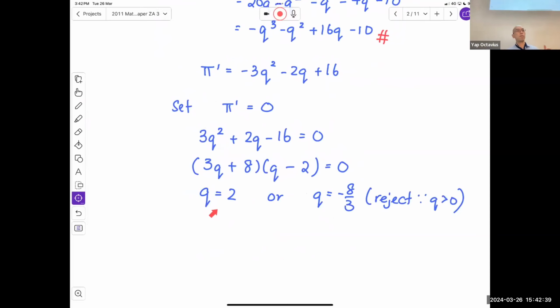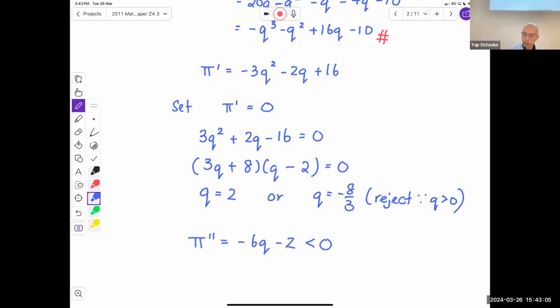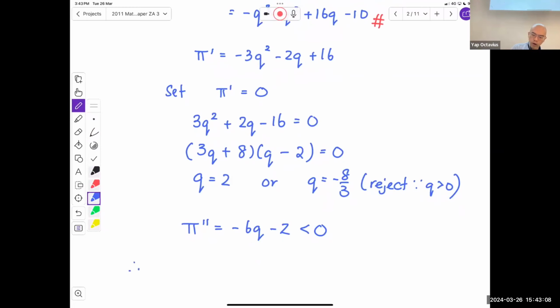Now we need to confirm. So to confirm that this gives us maximum, let's find our second order derivative. Now this one, if you put Q inside, sure negative one. Okay, so this is less than 0. So therefore, profit is maximized. Q equals to 2.